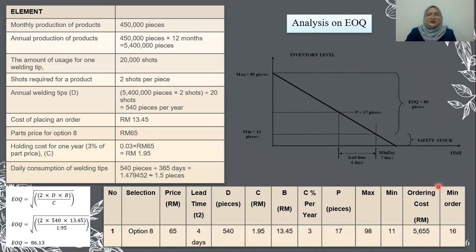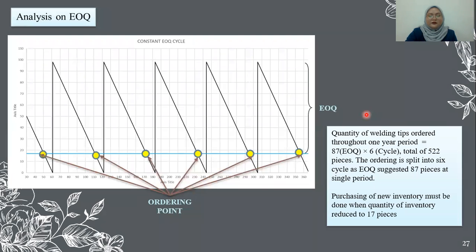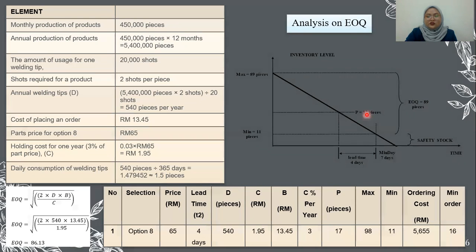For the optimization using EOQ, there is the formula square root of 2DS over C, where D is the annual welding tips used, S is the ordering cost, and C is the holding cost. After that, I will get the information. The EOQ value is 89 pieces.